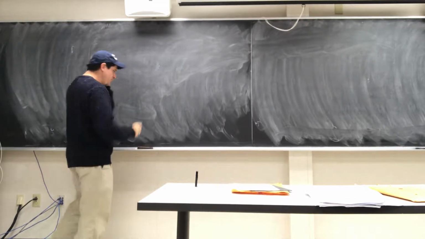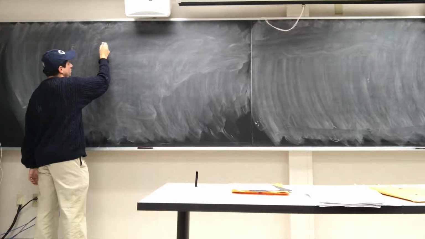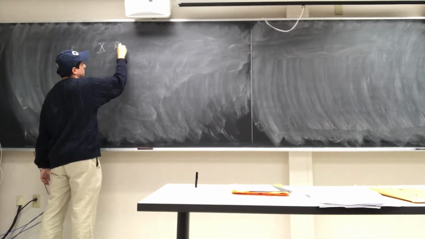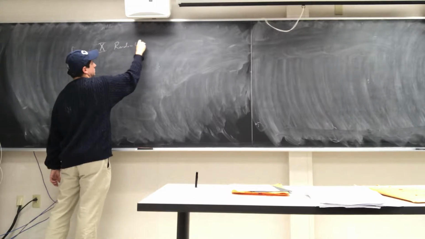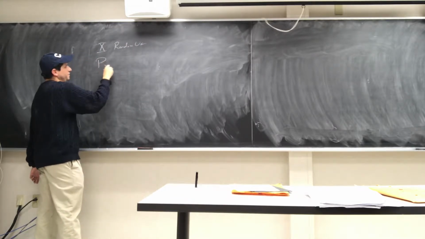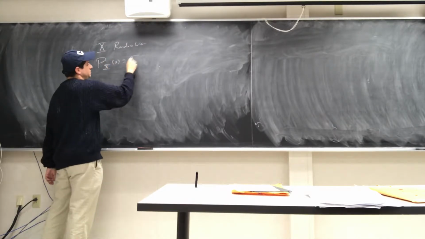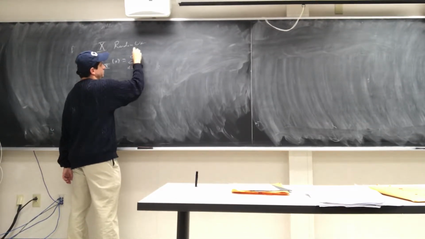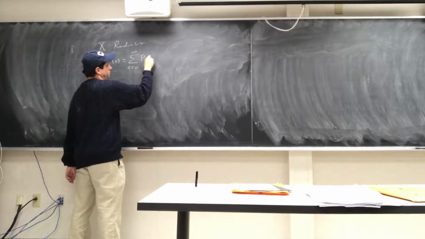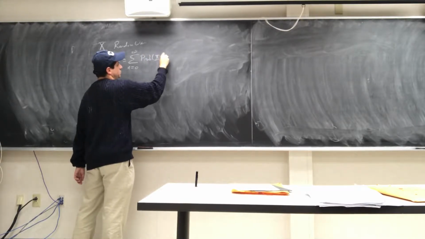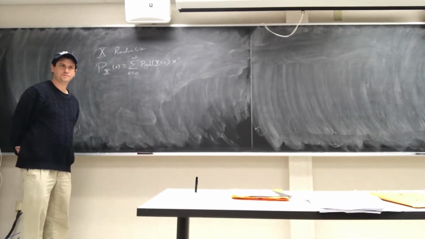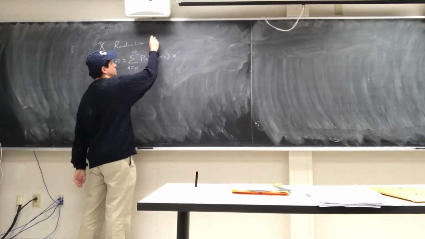So we're not going to do too much with the following, but I want to just briefly mention. Let's say x is a random variable. I could define a function p_X(x) to be the sum, n goes from 0 to infinity, of the probability X equals n times x to the n. We'll assume here X is discrete.